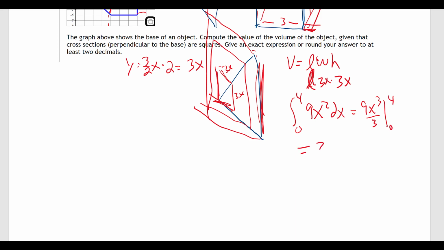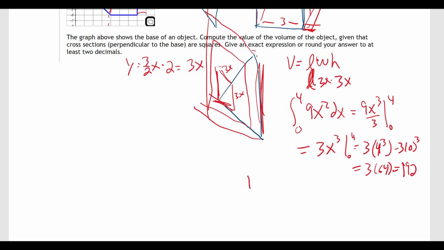So that's going to be 3x cubed from 0 to 4. So it's 3 times 4 cubed minus 3 times 0 cubed. So it's going to be 3 times 64, which is 192.